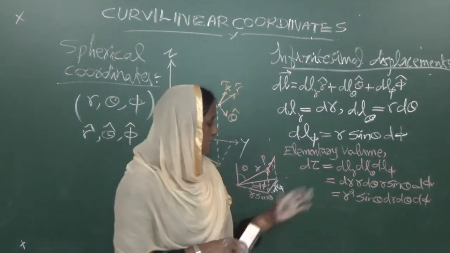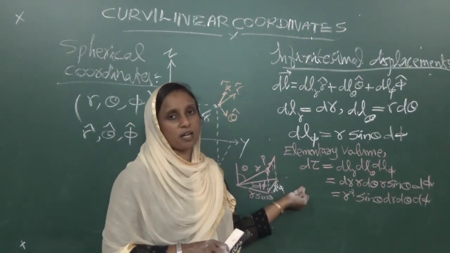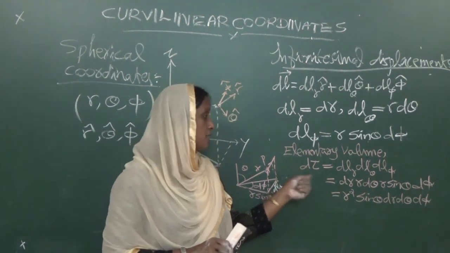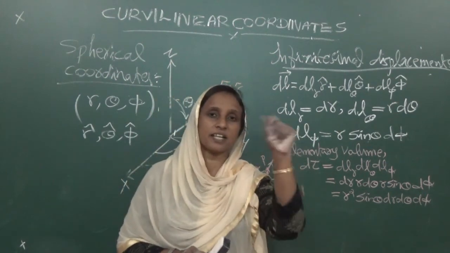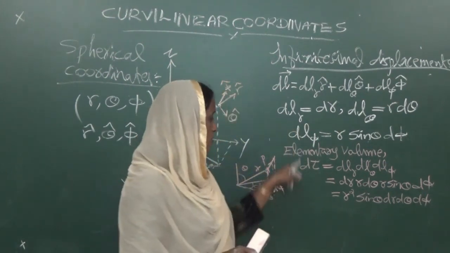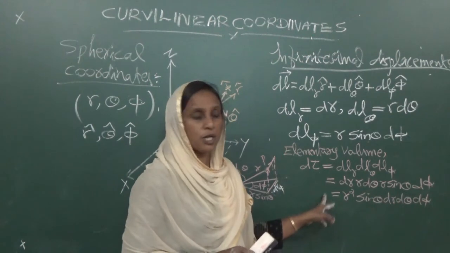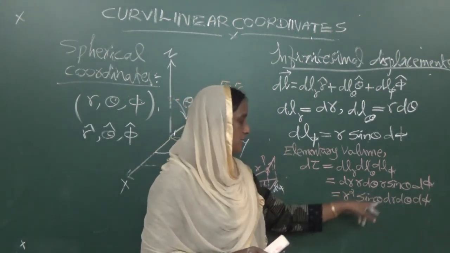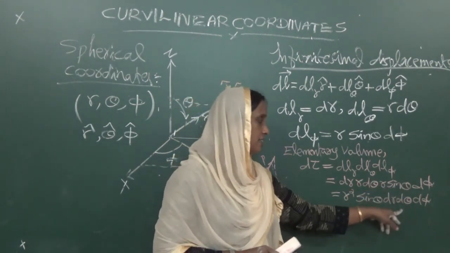Okay, this is the elementary volume in spherical polar coordinates. In the Cartesian system, you can write this as dx dy dz. In the spherical coordinate system, you can write this as r squared sin theta dr d theta d phi.